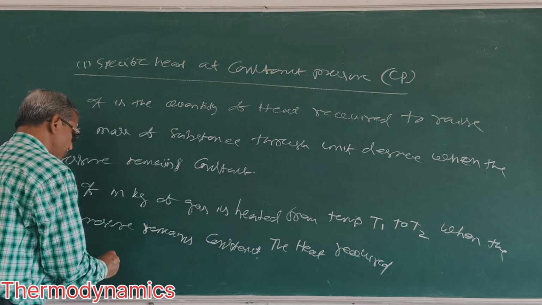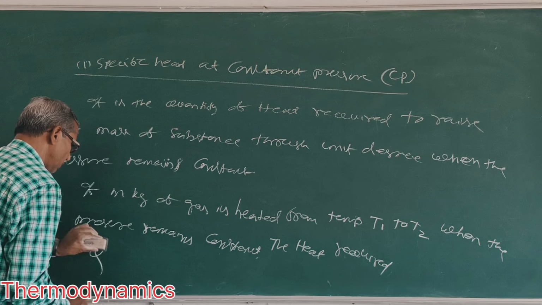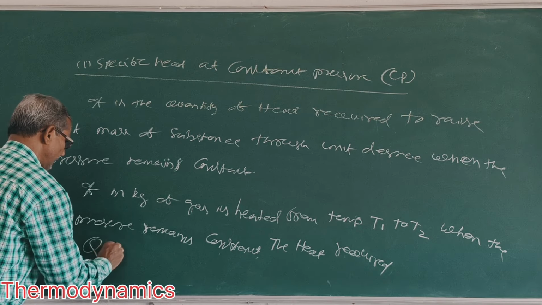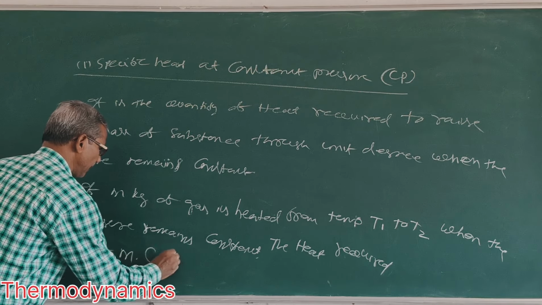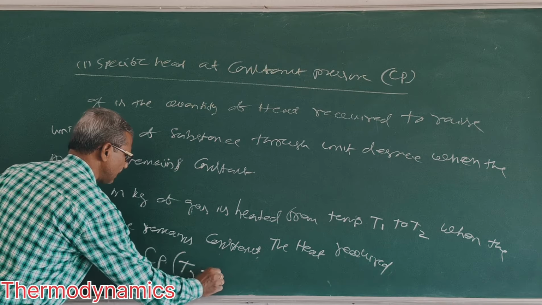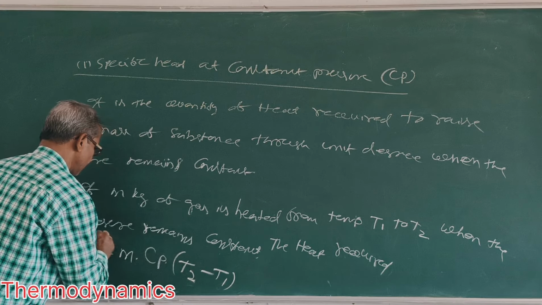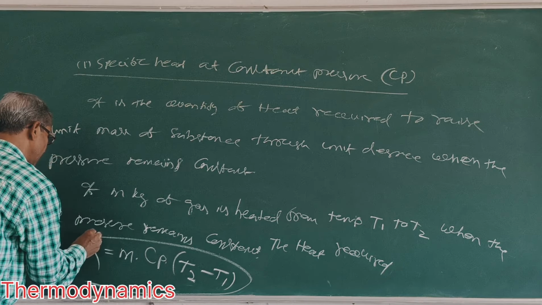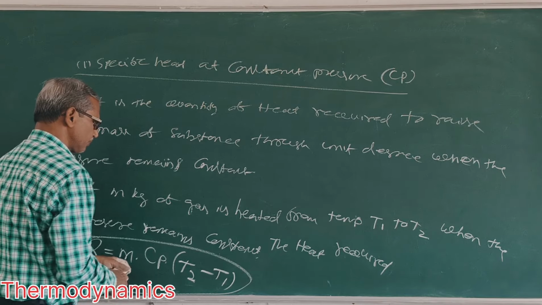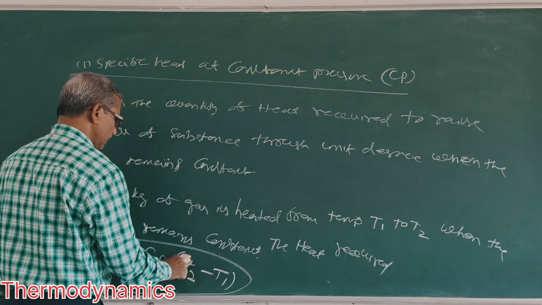Q is equal to m Cp (T2 minus T1). Clear? This is Q.